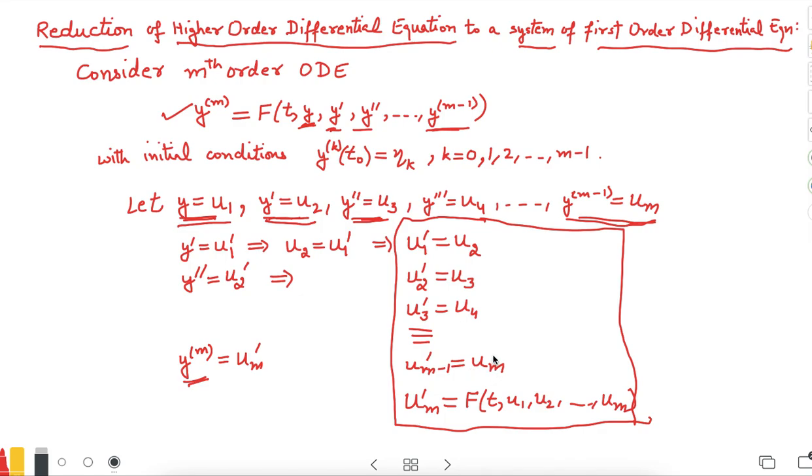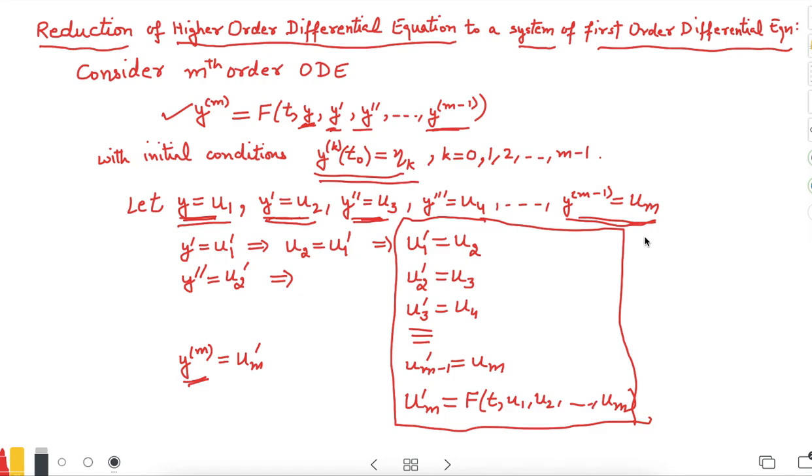Also, the initial conditions will be converted using these considered values. u1 at t naught will be y at t naught, and y at t naught is eta naught. Each first order differential equation will be linked with exactly one condition.